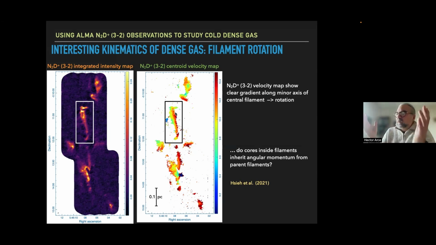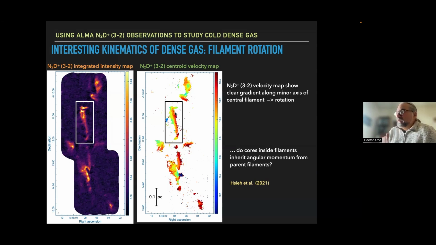Cores have been found to rotate. The cores, again, are the dense regions that form inside filaments, which then form stars. And it is a current topic of research to understand how the cores inherit their rotation, their angular momentum, which they then give to the protostar system and disk.